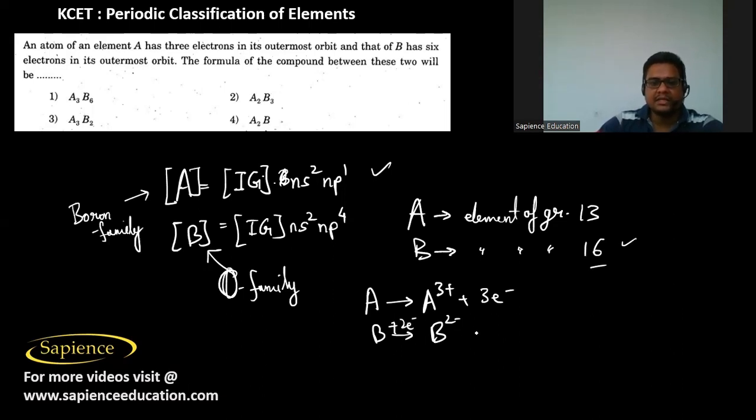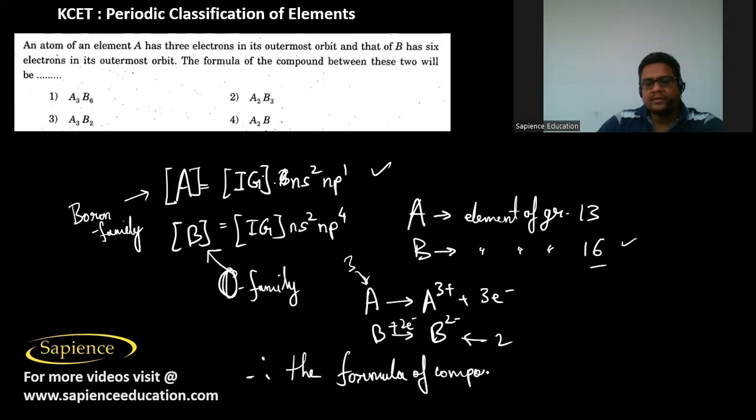It means that the valency of B is 2 and the valency of A is 3. So therefore, the formula of the compound which can be formed between A and B: for A the valency is 3 and for B the valency is 2, so it will be A2B3.